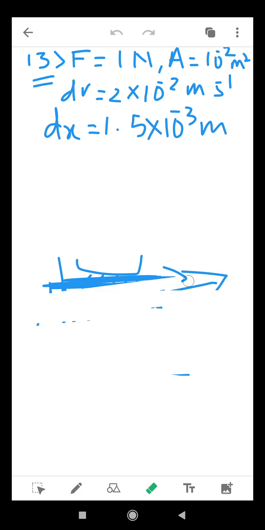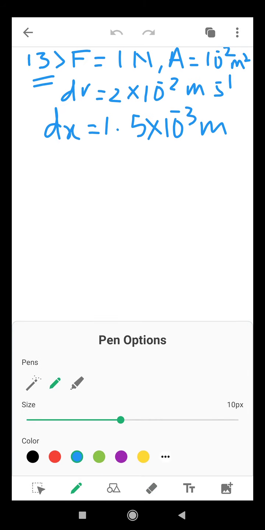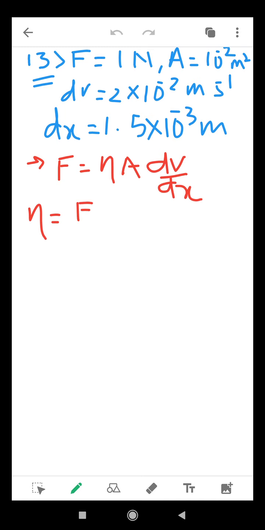You know that coefficient of viscosity is labeled as the letter eta. So Newton's formula, you know that F is equal to eta A dv by dx. So from here you can write eta is equal to F by A into dx upon dv.